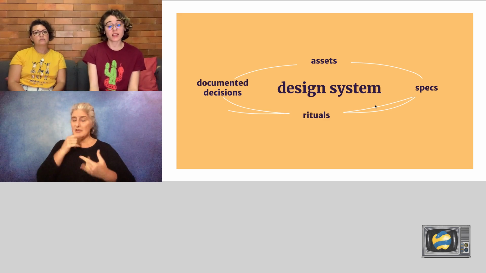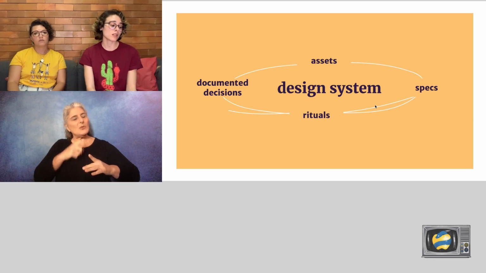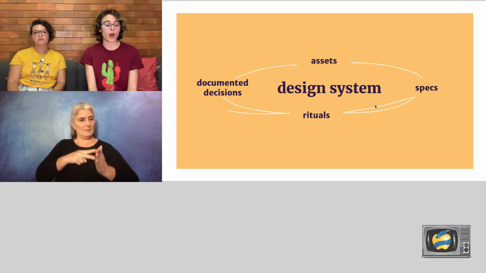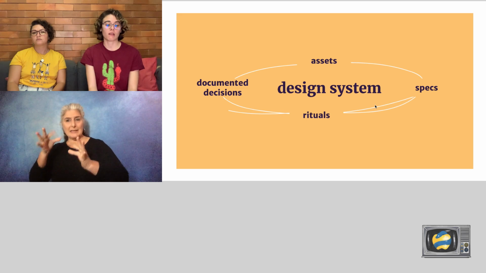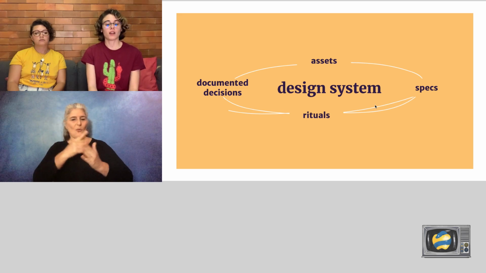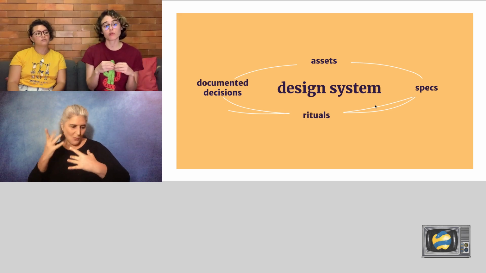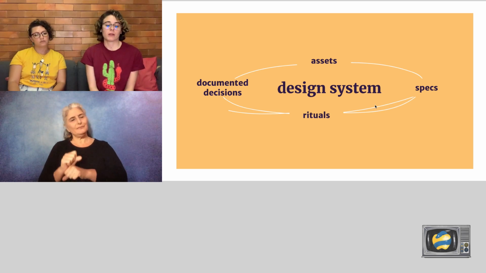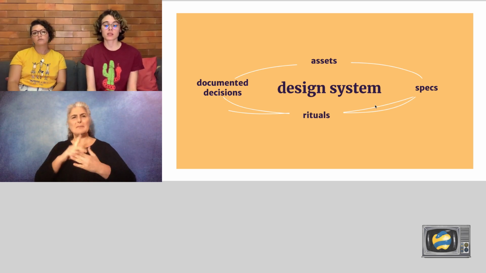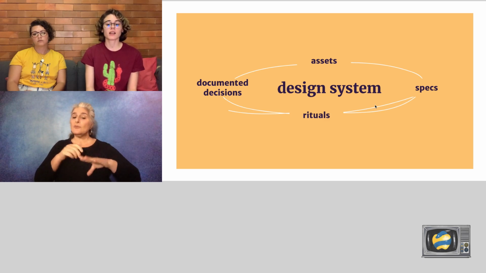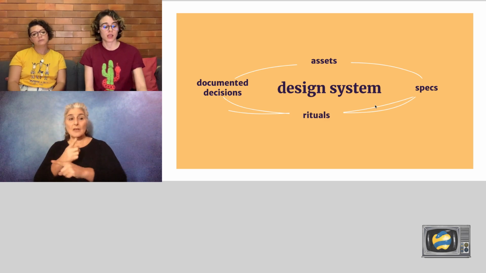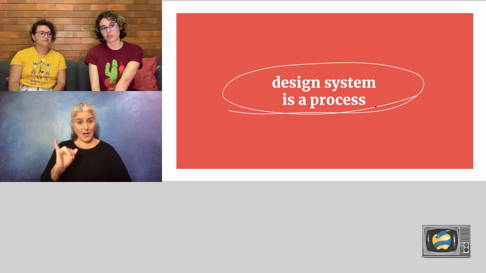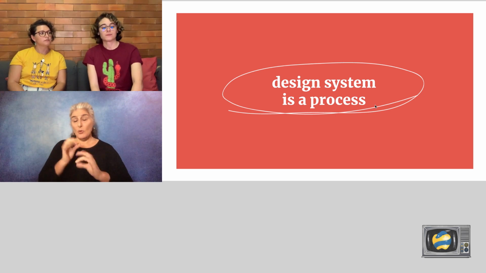In other words, it should link the what, the assets, to the why, the decisions, and to the how, and all of that within some rituals to connect all parts of a team. And more than just a robust UI library or guideline, a design system is really a process. And that is the game changer for real life projects.